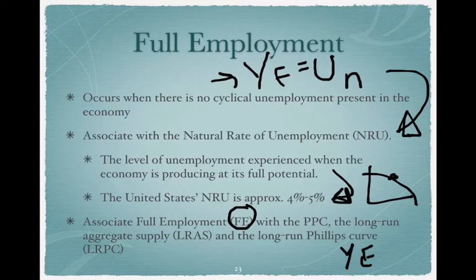And then the Phillips curve will be the last graph that we're going to look at in here. But full employment and natural rate of unemployment, we're talking about the same thing. We're talking about approximately 4 to 5% of the population being without work because they are structurally, seasonally, or frictionally unemployed. As long as there's no cyclical unemployment, we're at full employment.